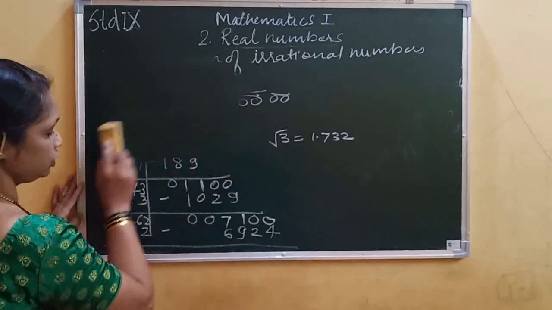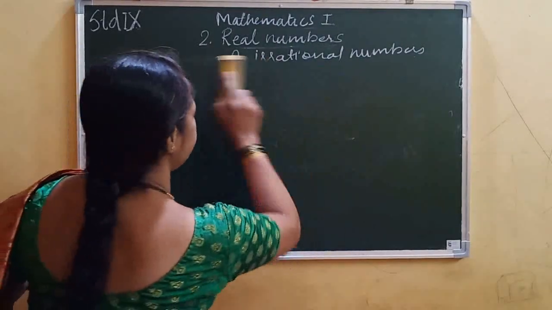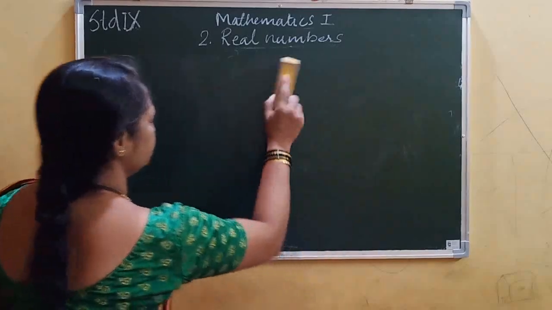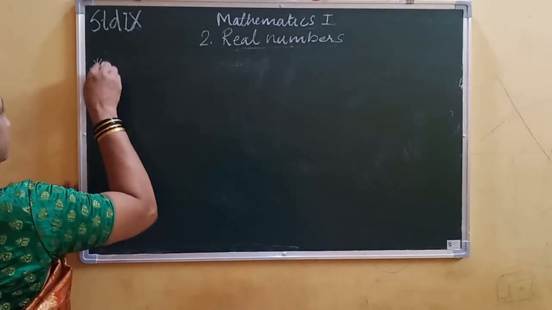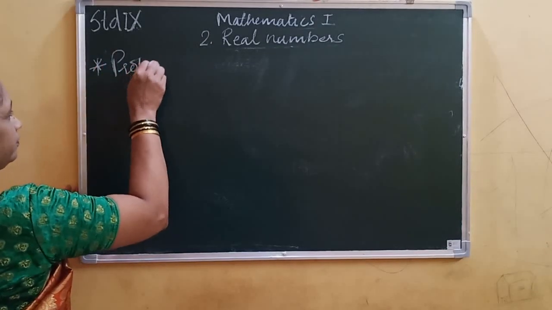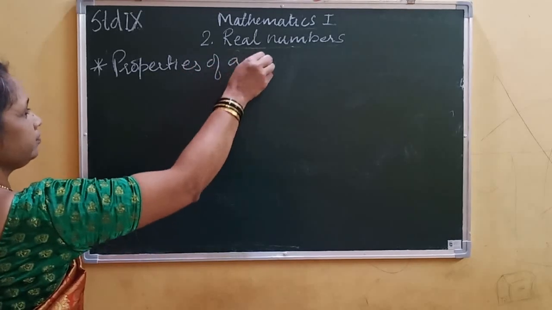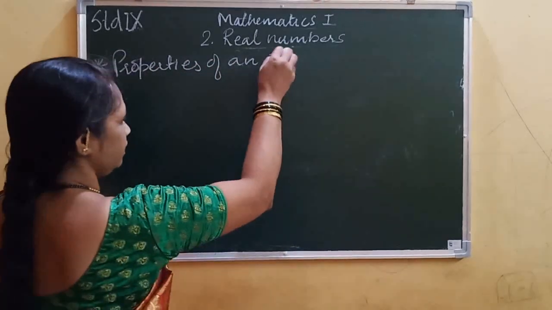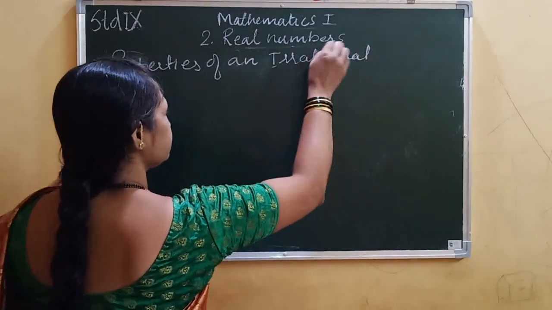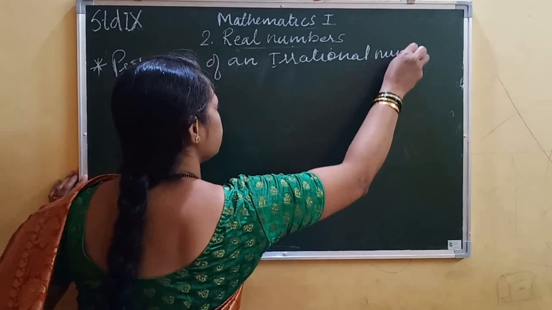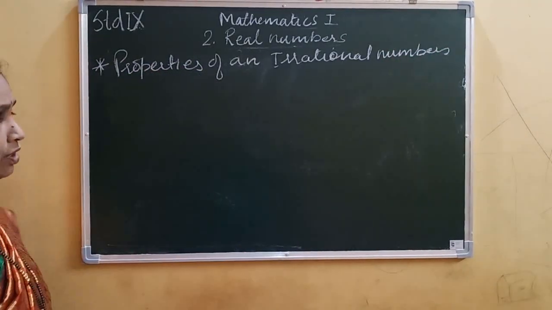Okay, this also you have to write in notebook. Next is properties of an irrational numbers.